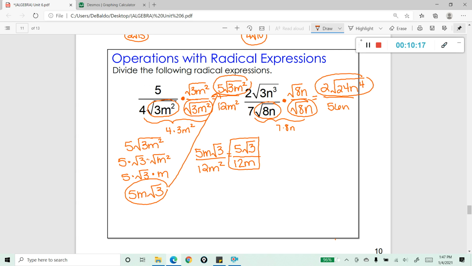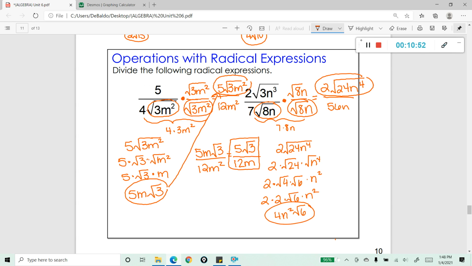I'm going to take the numerator, drop it down here, and simplify it. 2 times 24 times n to the 4th. 24 can break down into 4 and 6, and n to the 4th breaks into n squared. Keep simplifying things down. And now we have 4n squared root 6. That's just the top. Remember, that's not the final answer.